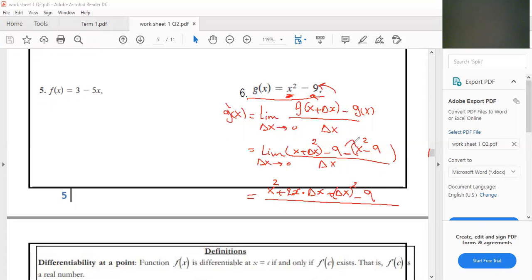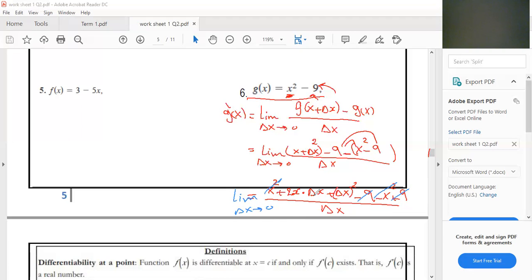Don't forget the distribution of the negative sign on the original function: negative x squared, plus 9, over delta x. Then add the like terms. x squared cancels with negative x squared, negative 9 with positive 9. I forgot to write the limit here, as delta x approaches 0.